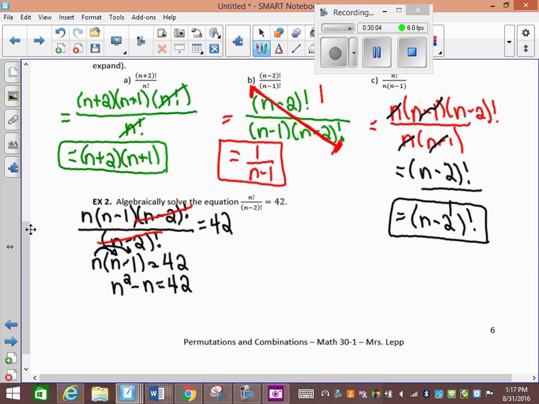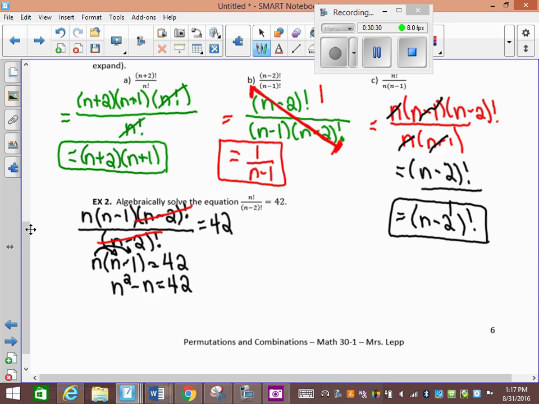Now this has been drilled into your brain last year over and over again. If I have an x squared, what do I have to do in order to solve anything with an x squared? Move everything to one side and set it equal to 0.